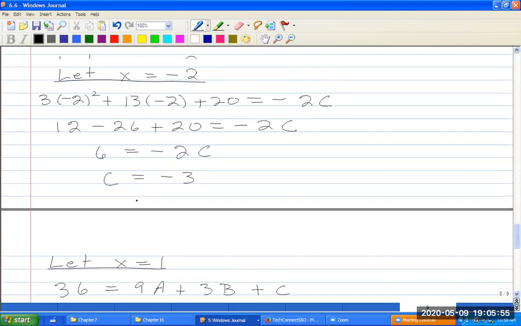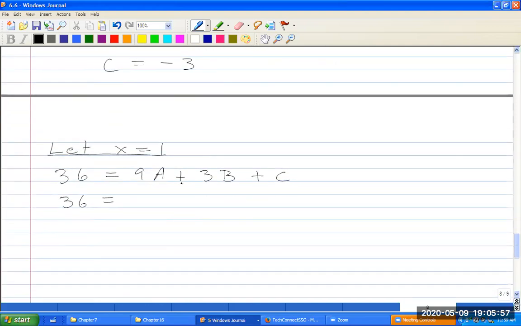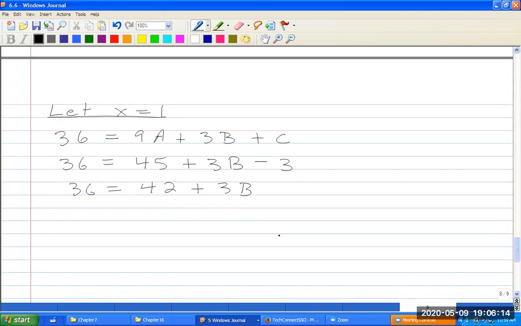So I know that a is 5. I know that c is negative 3. So 36 is equal to 42 plus 3b. Subtract 42 from both sides of my equation. And so 3b equals negative 6, divided by 3. So b is negative 2.